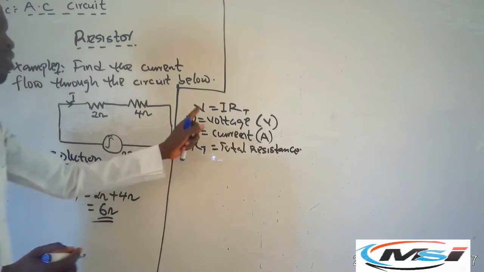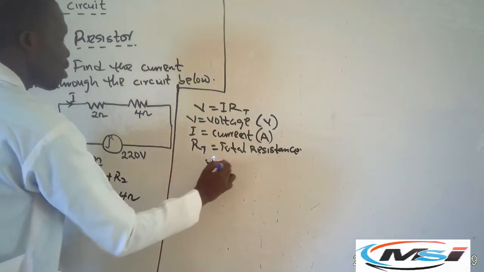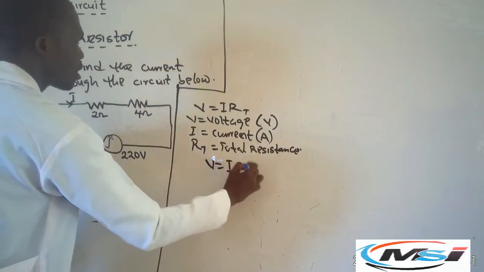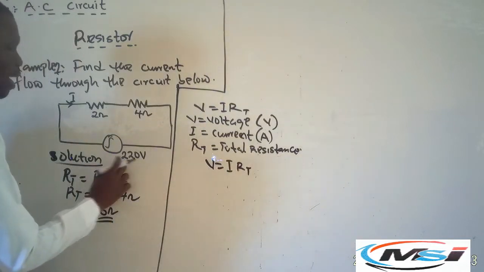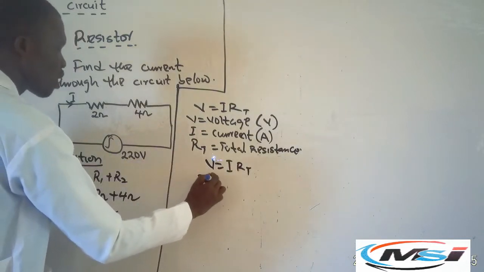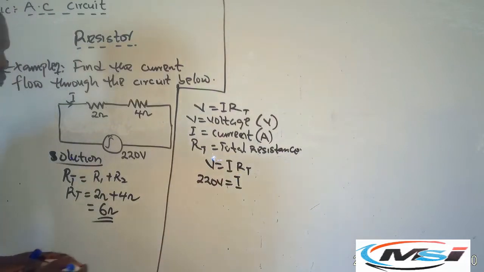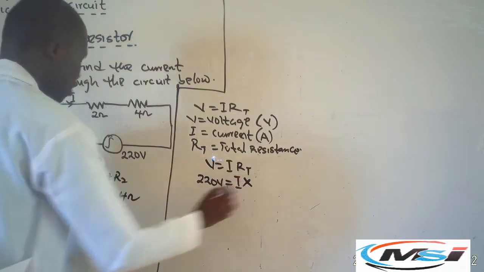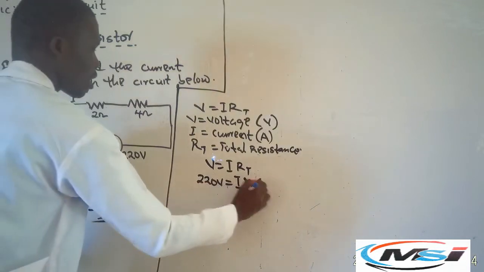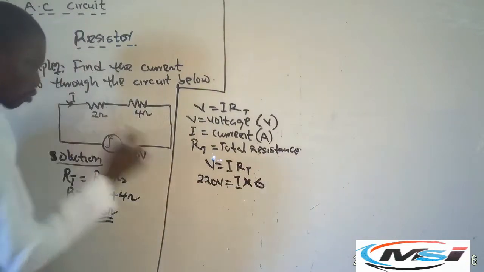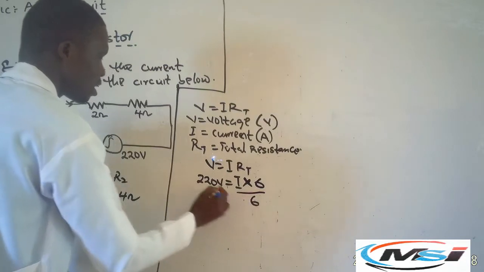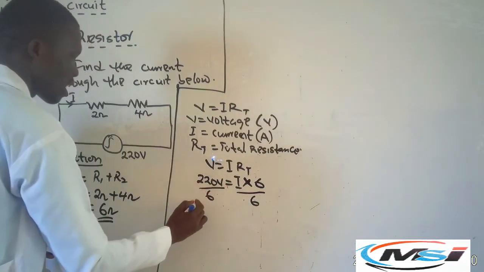So applying this formula, V equals IRT. V is 220 volt, so put 220 volt here. I is the current that we are looking for, and RT is 6. So we divide both sides by 6.